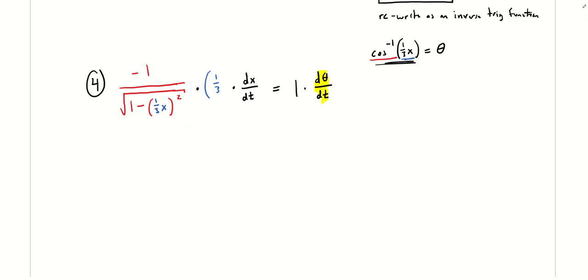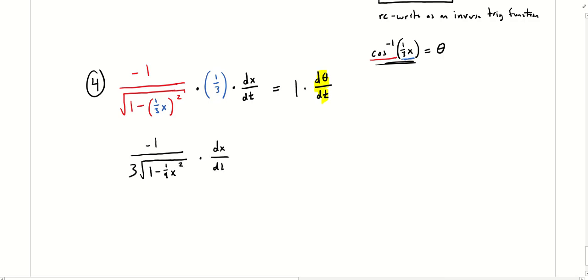So I'm going to rewrite this as -1 over, again, I'm putting this 3 here on the denominator of that big fraction, 3 times the square root of 1 minus, now I'm going to square these terms. 1/3 squared is 1/9. X squared is just x squared. Multiplied by dx dt equals d theta dt.